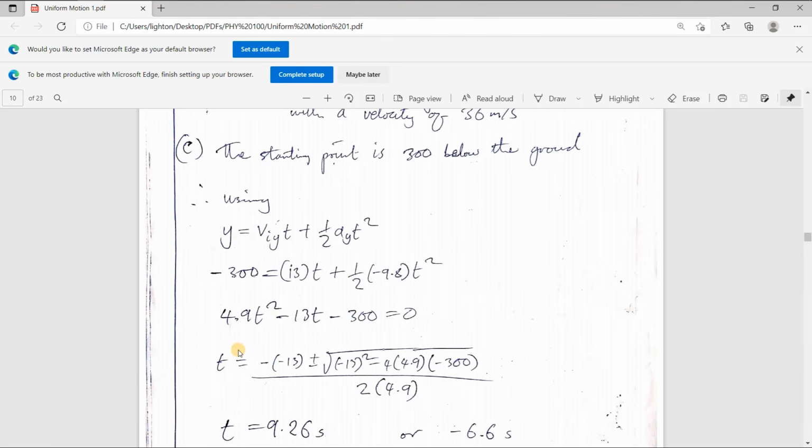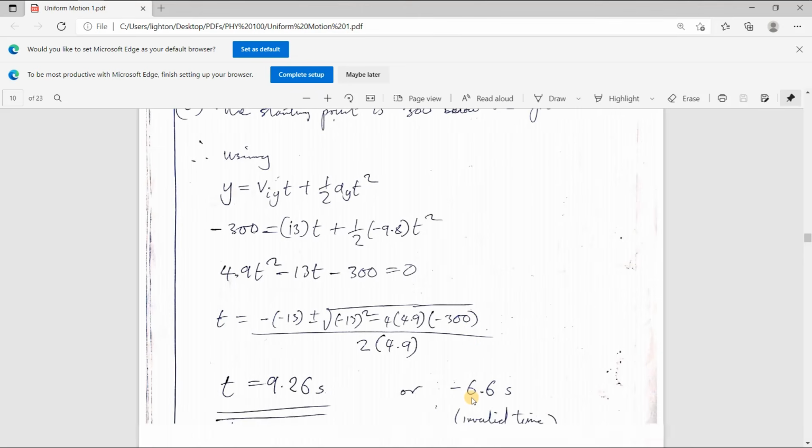You can solve for time using the quadratic formula, which is this expression. When you replace all these coefficients of these variables in the formula, you find that this expression is what we are having.